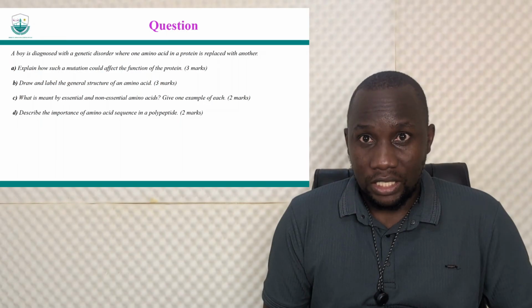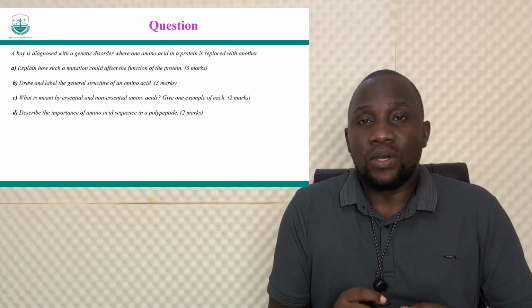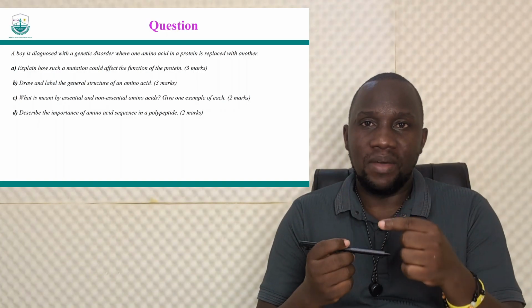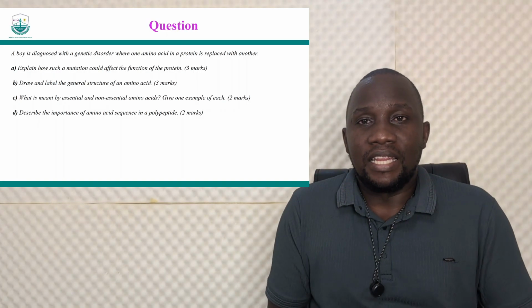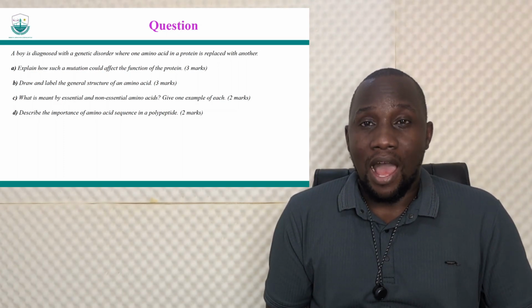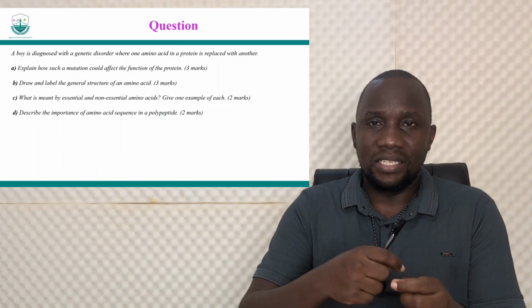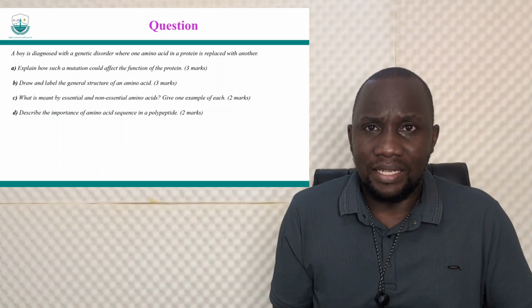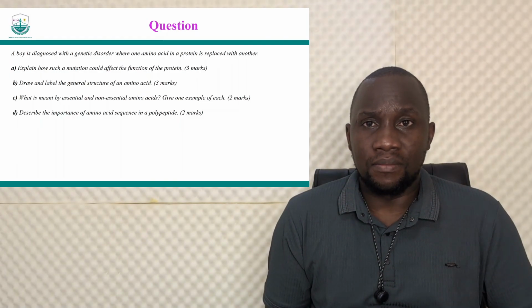We already noted that amino acids, the sequence, that is the arrangement, which amino acids and which amino acid follow the other, that sequence determines which protein we are going to have. And therefore, if we remove one amino acid from a long chain of amino acids, that means that we're going to form a different protein.